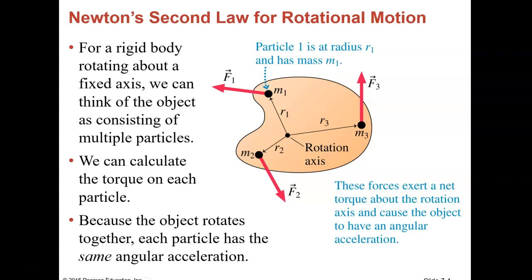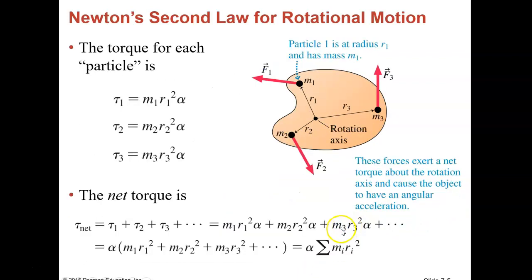Because the particles rotate together, each of them has the same angular acceleration, because this object has to rotate at the same rate. The torque for each particle is mass times the radius squared times the angular acceleration. The angular acceleration is constant, but the masses vary and the radii vary. So the net torque is the sum of those.